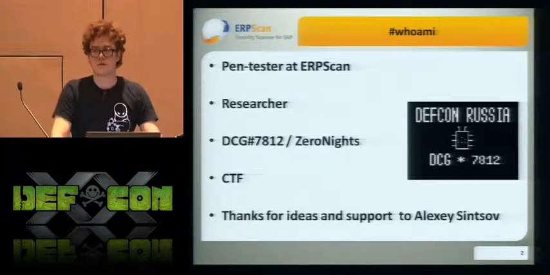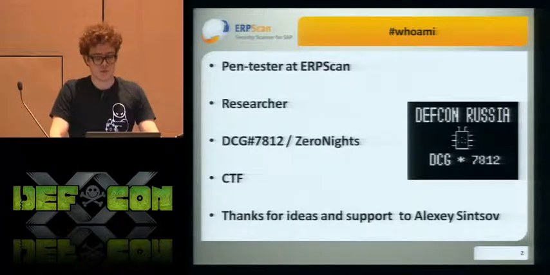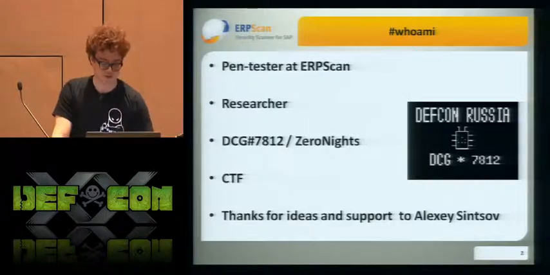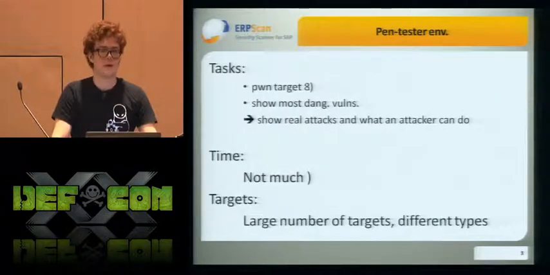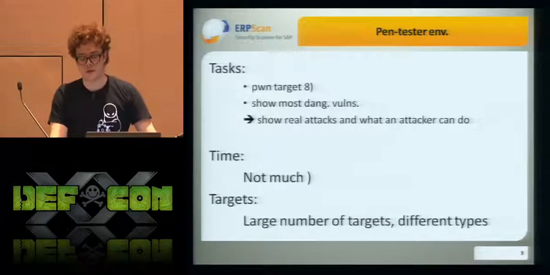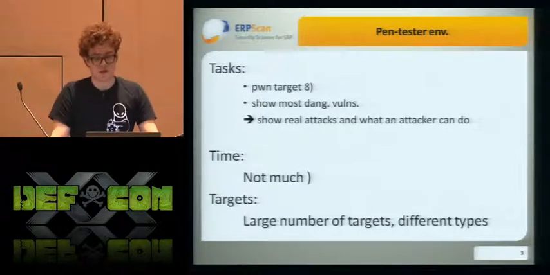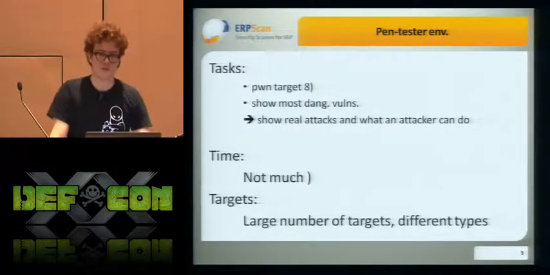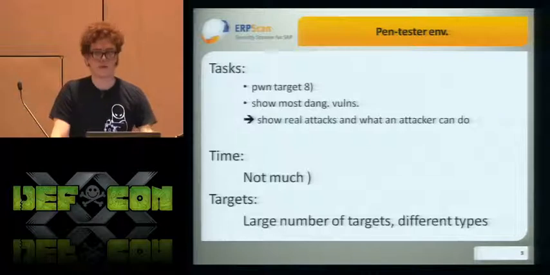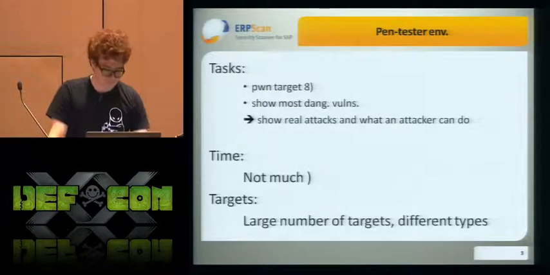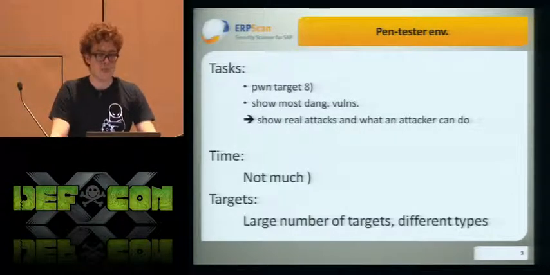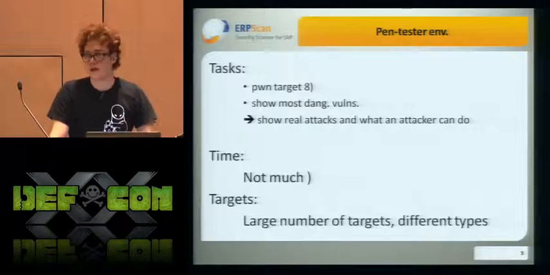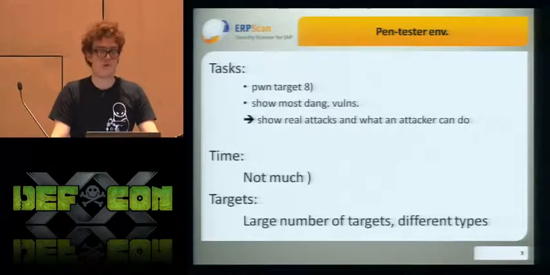But before we start talking about VMware, I would like to talk about pen testing in general. The main goal of a pen test is to show weak elements in the infrastructure, how to hack the system, why we can hack it, and how we can hack it. We usually have a large number of targets of different types, and unfortunately we usually don't have much time.